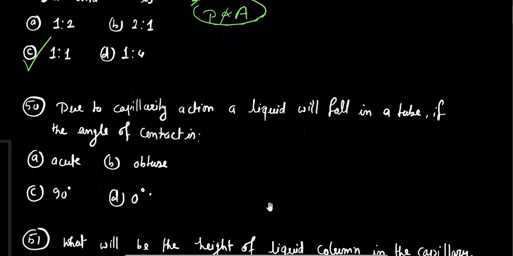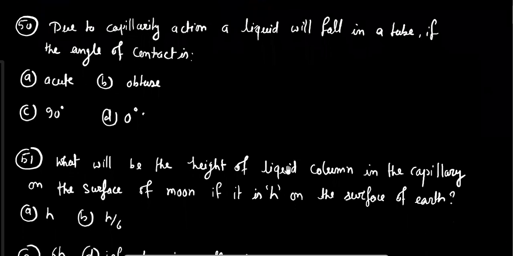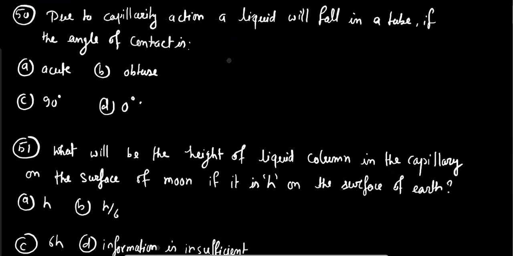Now we are going to discuss question number 50. Due to capillary action, a liquid will fall in the tube if the angle of contact. So just we have to recall the mercury in this case. Okay, so as we know, mercury will not show any rise in any tube made of glass.